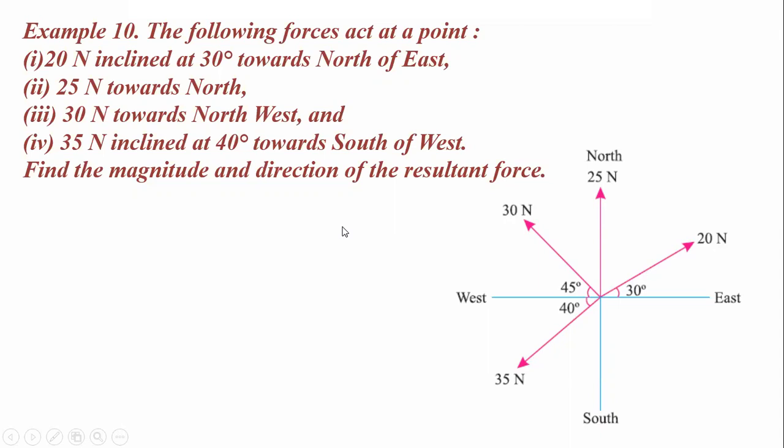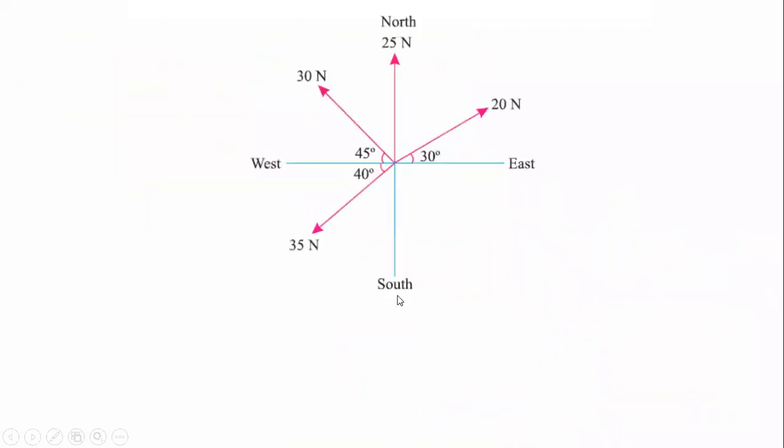As per the steps, we have to resolve all the forces which are inclined. Out of these, 25 Newton is the only vertical force. All other three forces are inclined, and all three make an angle with the horizontal axis. Now let us resolve them.